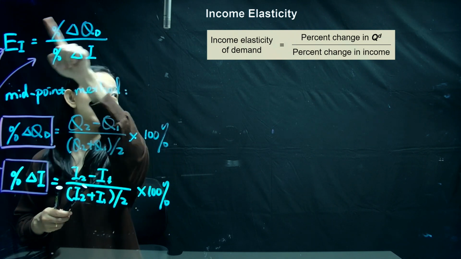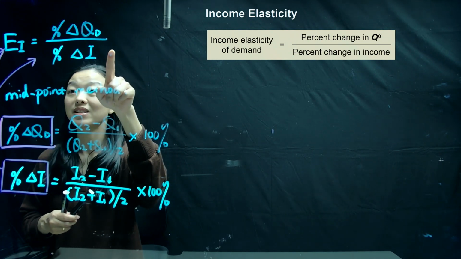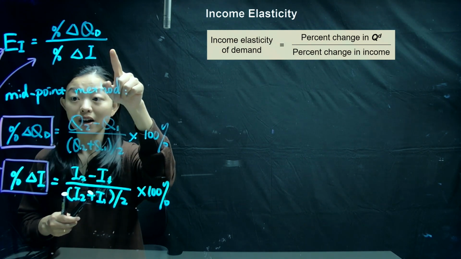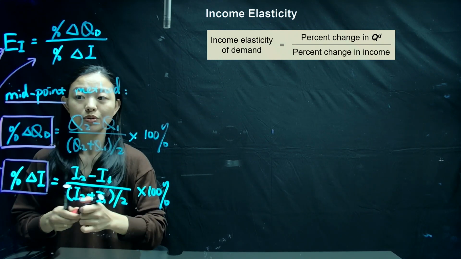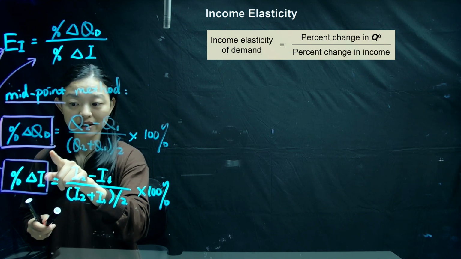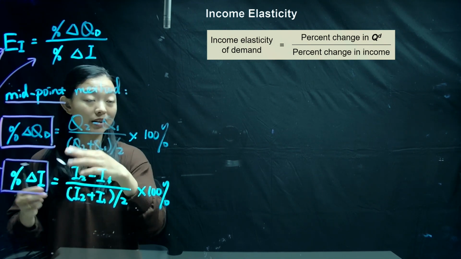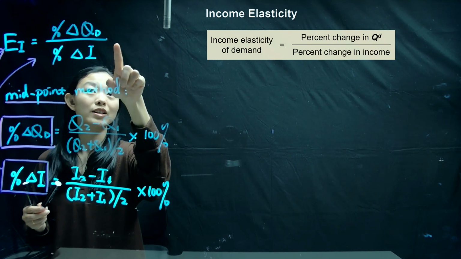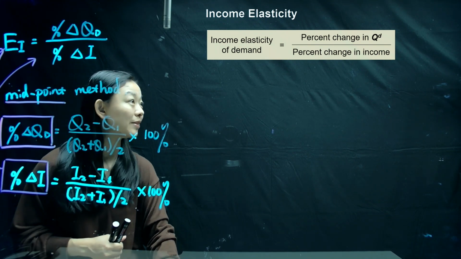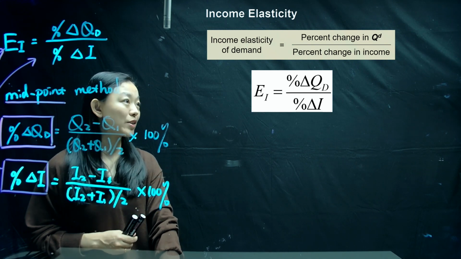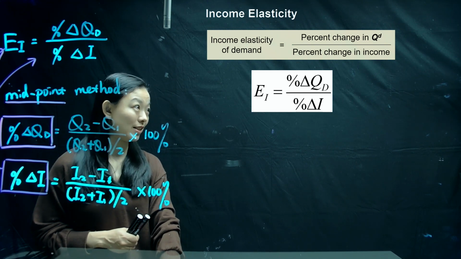Either you use this formula directly if the question gives the percentage change, or if not, you use the midpoint method to compute the percentage changes and then put them in the formula. This is the way to compute income elasticity.